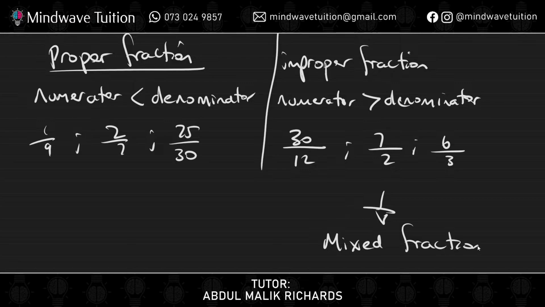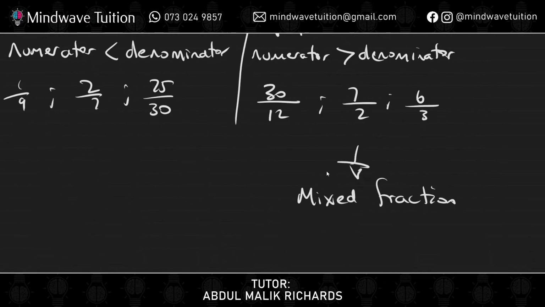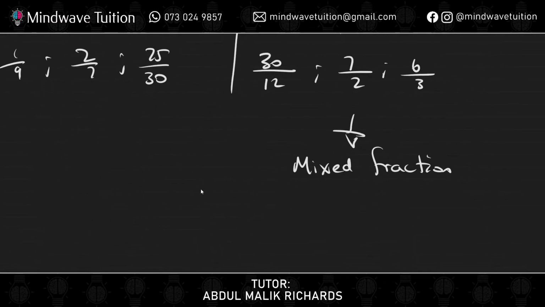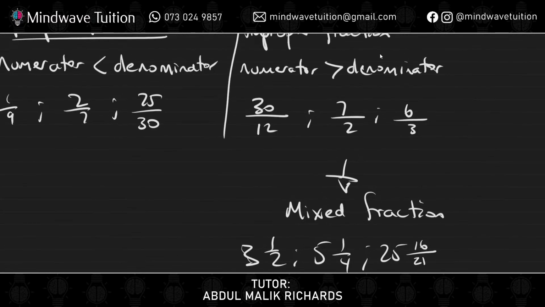And a mixed fraction is what I just mentioned, where you have the whole number in front and the fraction next to it. So a mixed fraction is 3 and a half, 5 and a quarter, 25 and 16 over 21, something like that. So that is a mixed fraction, and we can write improper fractions into mixed fractions.